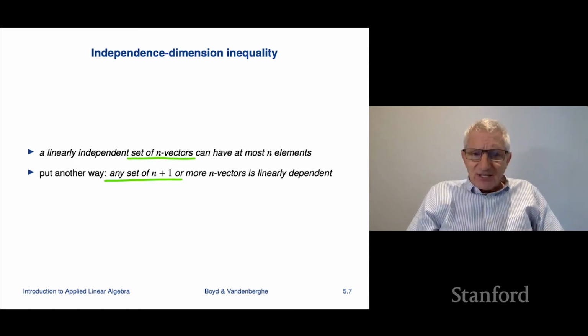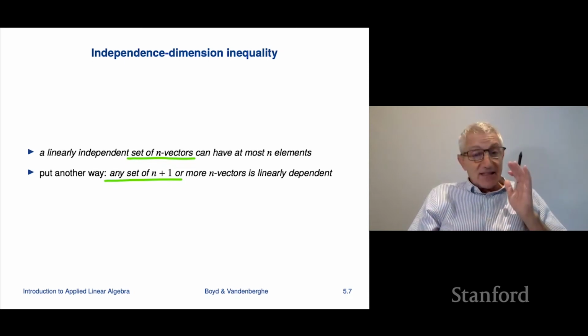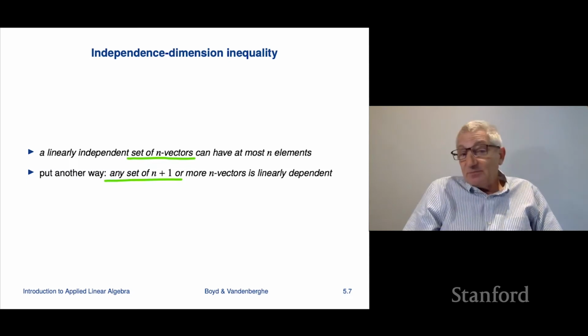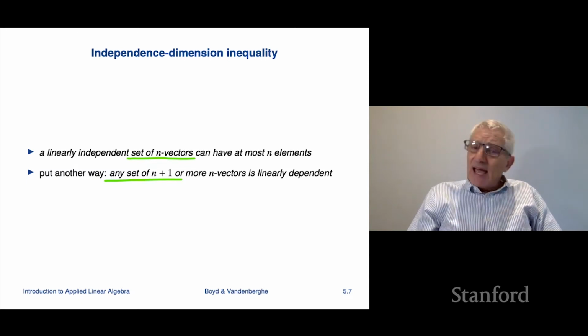It's interesting, right? So it says that if I have 12 10-vectors, then I absolutely guarantee you at least one of those I can write as a linear combination of the others. Or I could say they are linearly dependent. That's how that works, and it's actually kind of interesting.